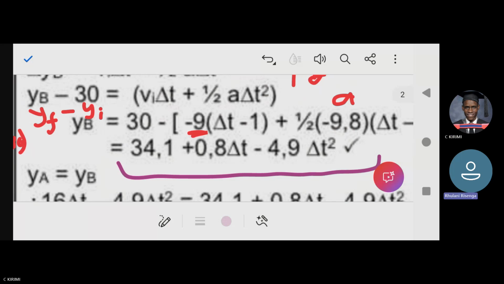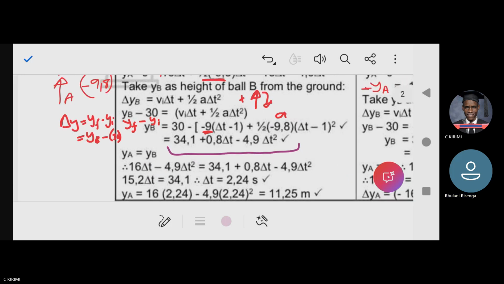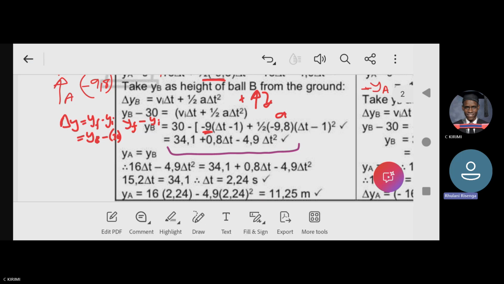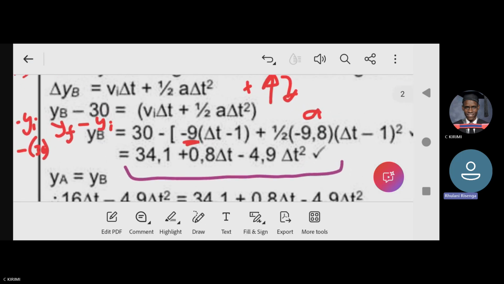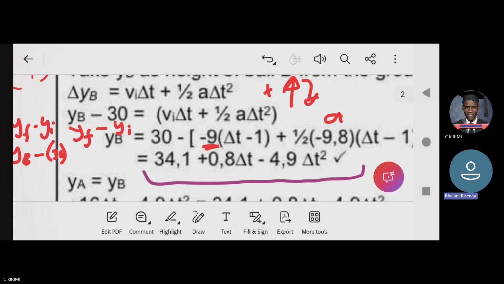I didn't understand it when I was looking at it because I had got it wrong. The thing that confused me was delta y, I didn't know whether my delta y was positive or negative.